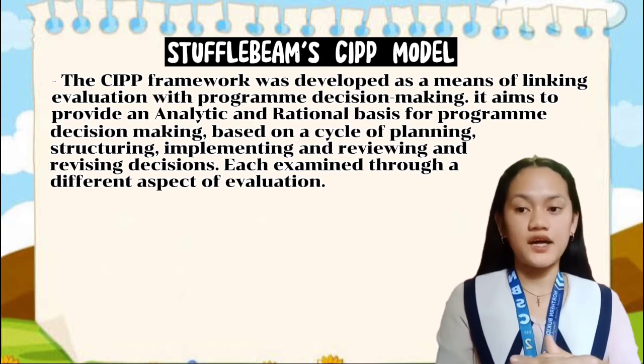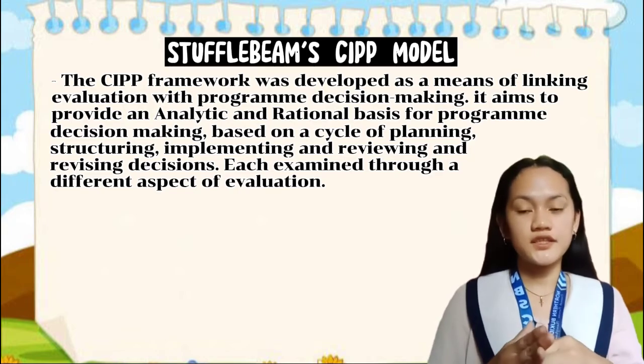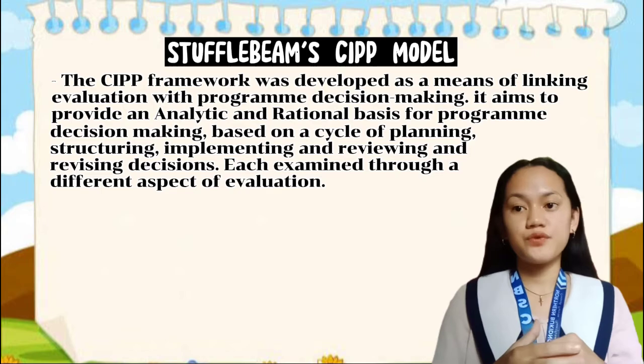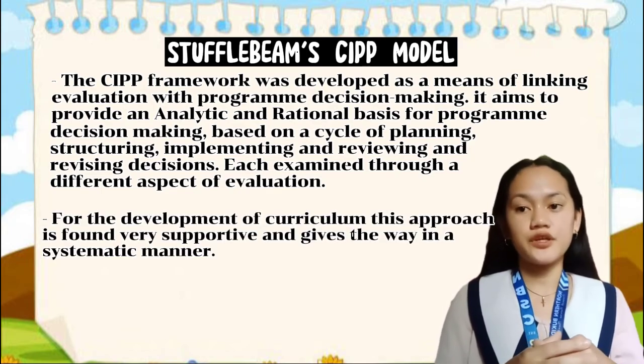It aims to provide the analytic and rational basis for program decision-making, based on a cycle of planning, structuring, implementing, and reviewing and revising decisions, each examined through a different aspect of evaluation. For the development of curriculum, this approach is found very supportive and gives the way in a systematic manner.